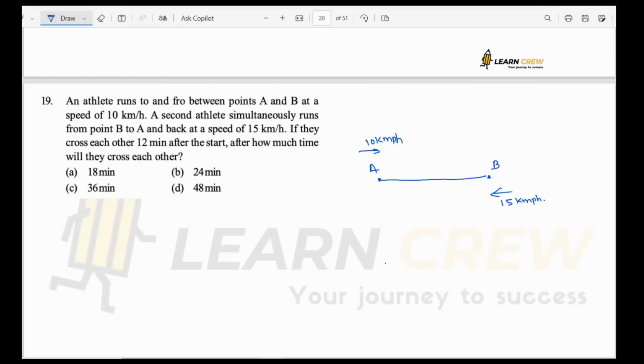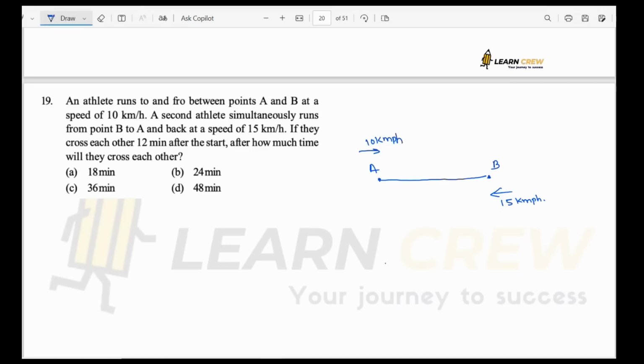A second athlete simultaneously runs from point B to A and back at a speed of 15 km per hour. If they cross each other 12 minutes after they start, after how much time will they cross each other?